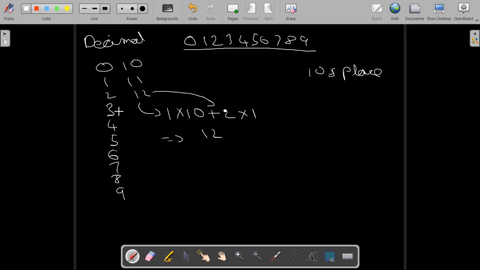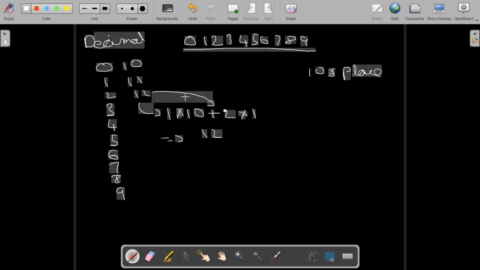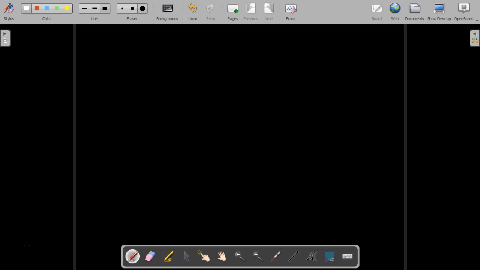But what if we only had, let me remove this. What if we only had 8 digits to play with? If we have an 8-digit system, sorry for my writing again. I'm not used to writing on a digital pad, so my writing is pretty bad.